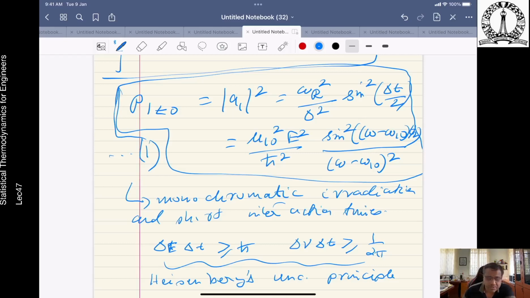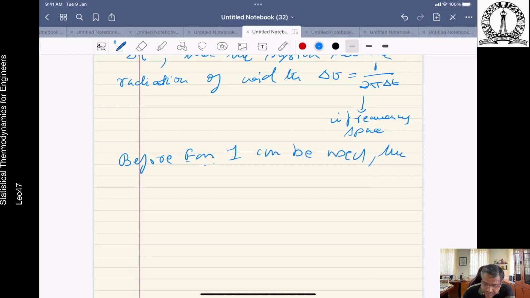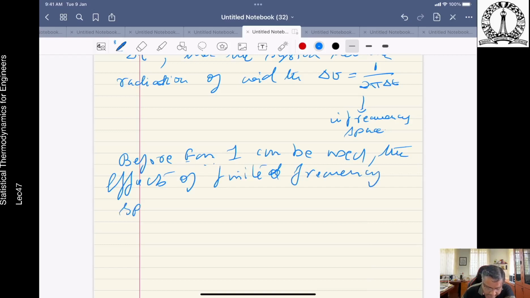Before equation 1 can be used, the effects of finite frequency spread of the radiation must be included.